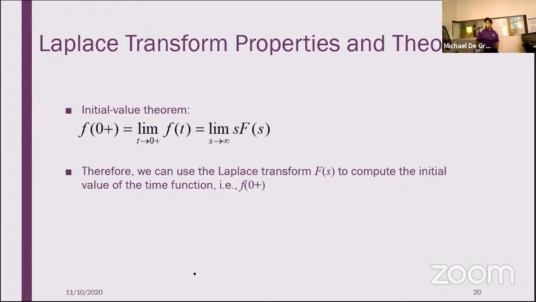Well, it turns out that if you want f of 0 plus, you take the limit of s times your Laplace transform as s approaches infinity. So we can use the Laplace transform to get the initial value of our system.